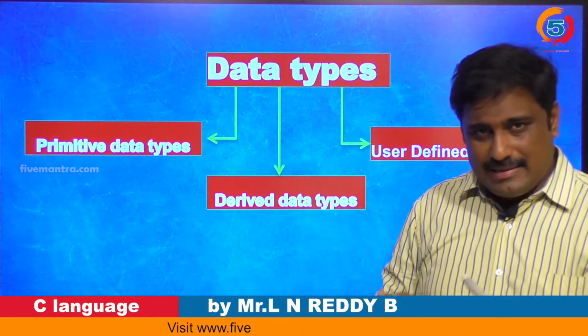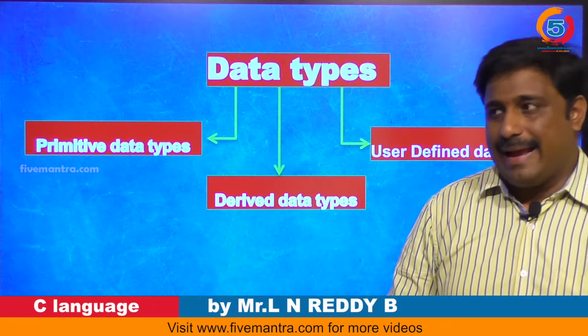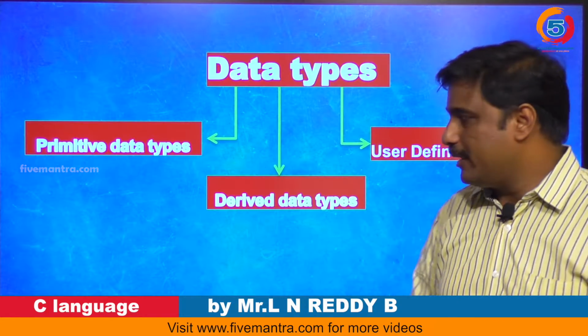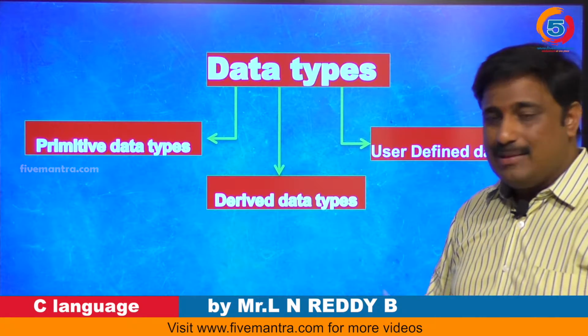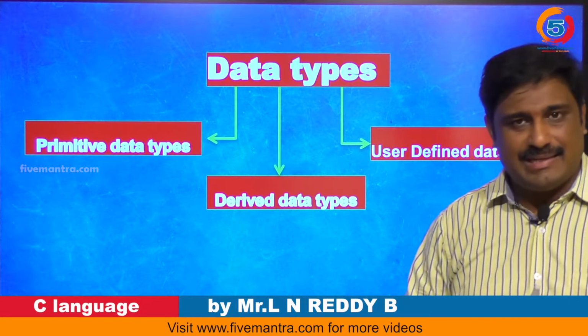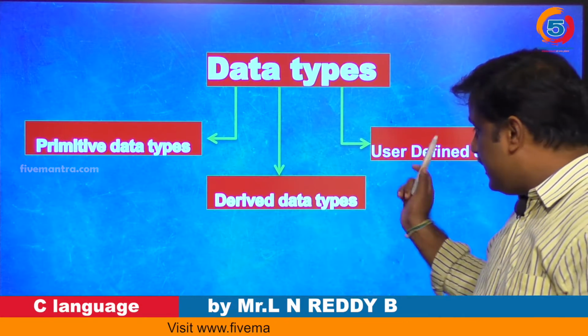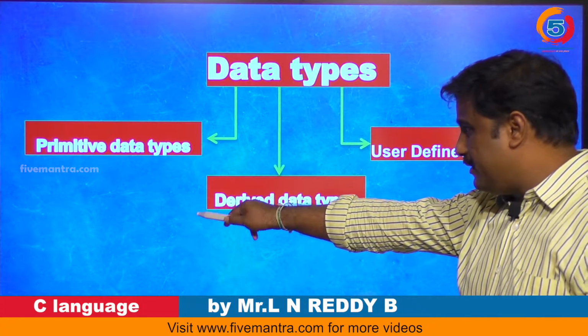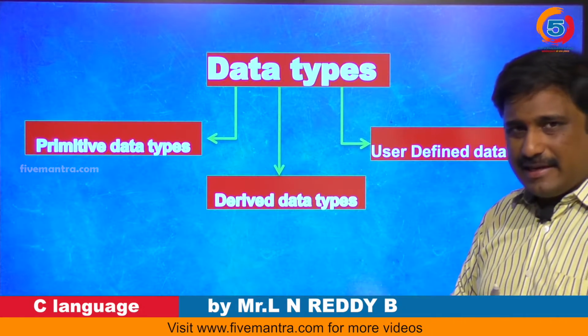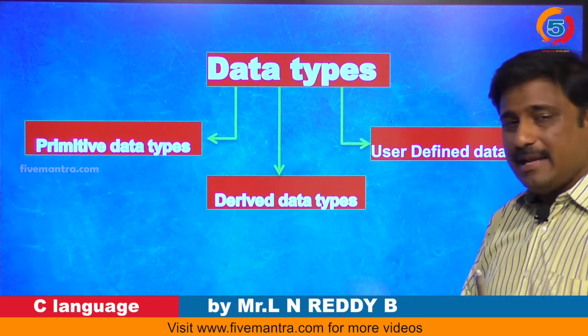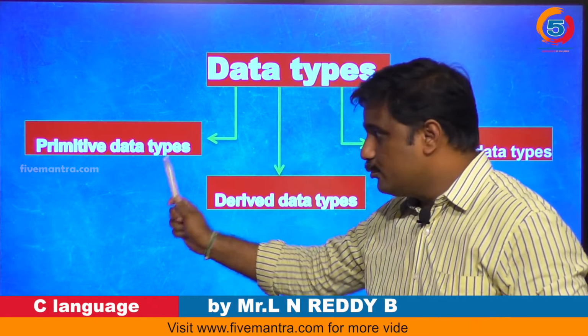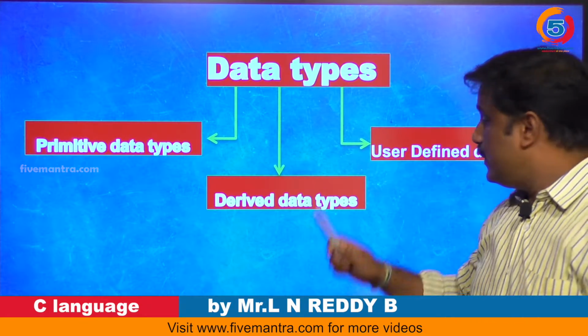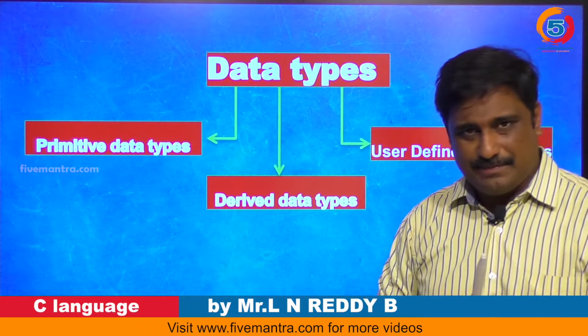And the third one is very important, and it is extensively extended in other programming languages also. Those are derived data types. Using multiple primitive data types, we define a user defined data type. But a derived data type uses primitive data types as well as user defined data types.